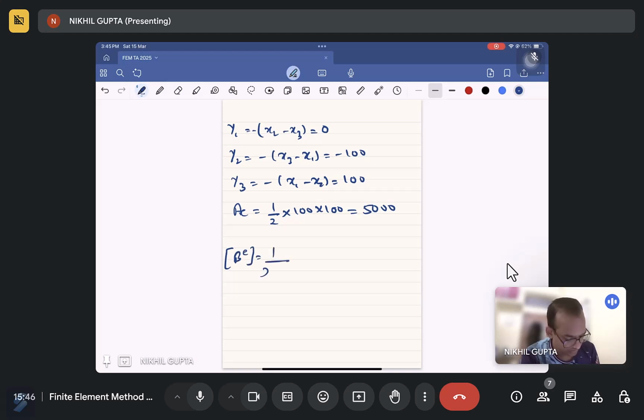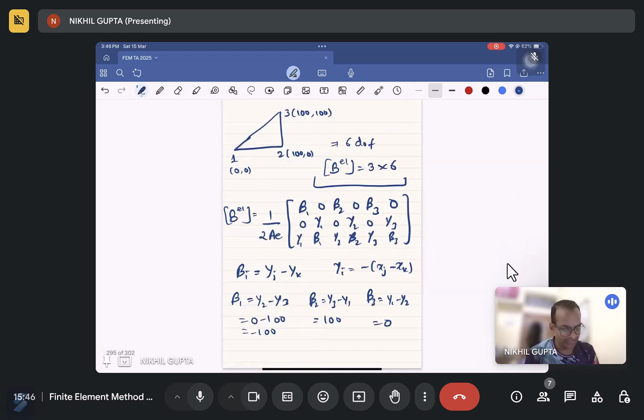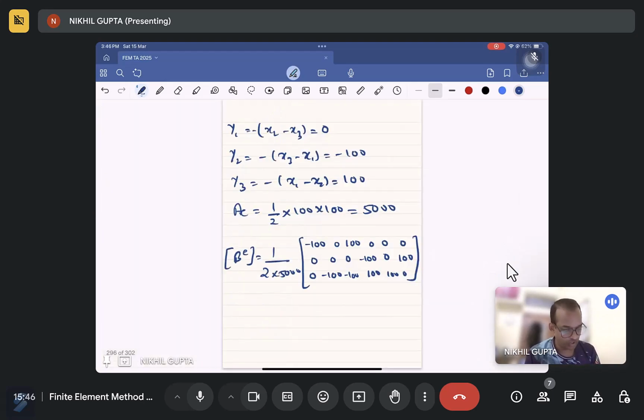So it's 1 upon 2 into 5000, and we make the matrix: minus 100, 0, 100, 0, 0, 0, then 0, 0, 0, minus 100, 0, 100, 0, minus 100, minus 100, 100, 100, and 0. I've done nothing, but I have put the values of beta and gamma and got the matrix.